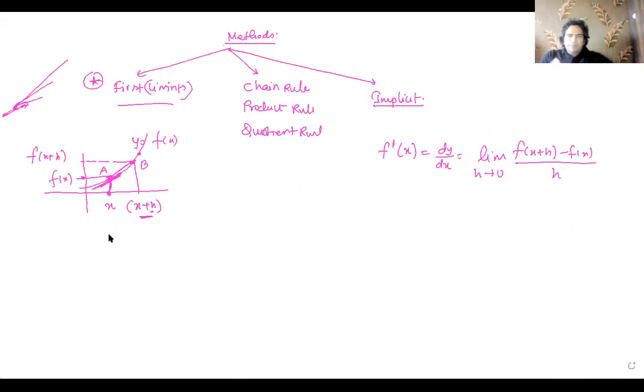So now let's say I have a curve y equals f of x, where f of x is x squared plus 4x is the equation of the curve. When we graph x squared plus 4x, it looks something like this, so we have a diagrammatic representation as well.